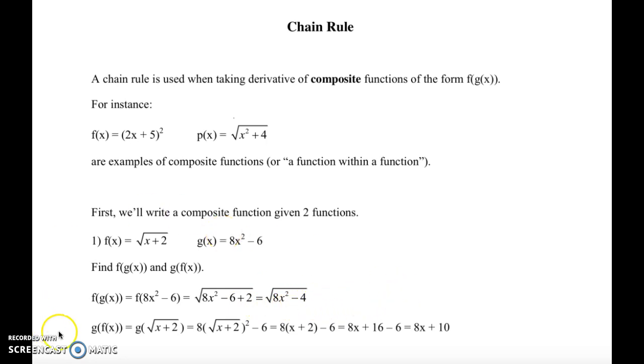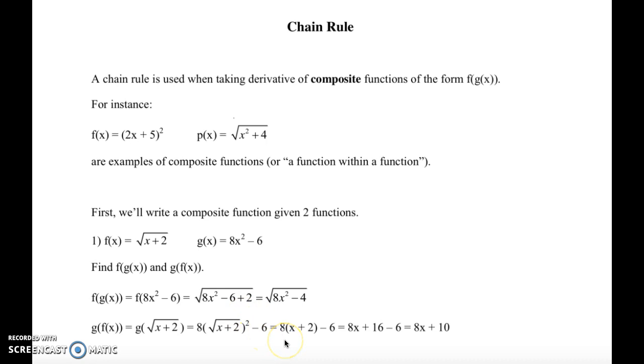Right, so now if we go ahead and do g of f of x, it's going to get a little bit more complicated. So our g, we're going to take our square root of x plus 2 from our f of x and place it into our g of x. All right, so our 8 stays. Our square root of x plus 2 gets squared because our x term is squared in the g of x, and then minus 6.